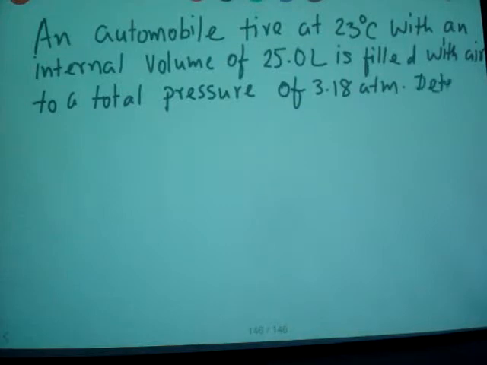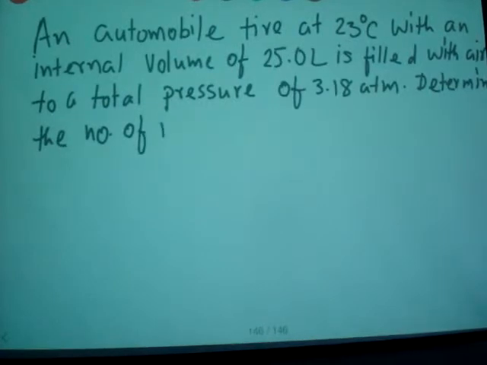Determine the number of moles of air in the tire.